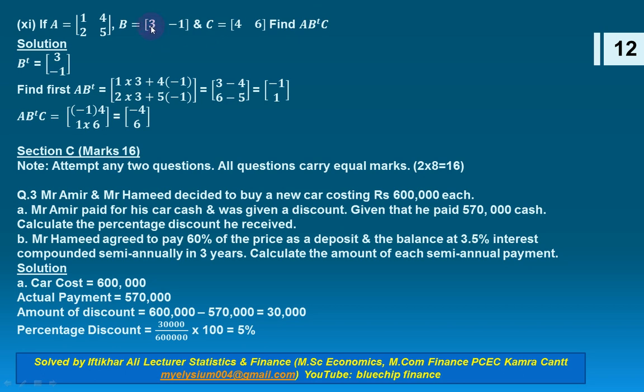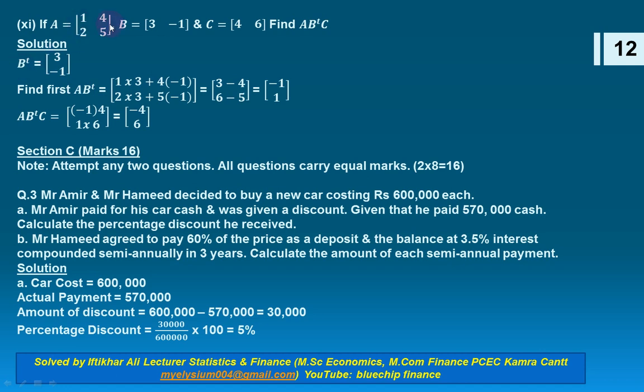So if it is given here in the form of a row, you just convert it to a column, and the result will be the B transpose. So B transpose here is 3, minus 1 in the form of a column. Now first of all, we multiply matrix A with B transpose.